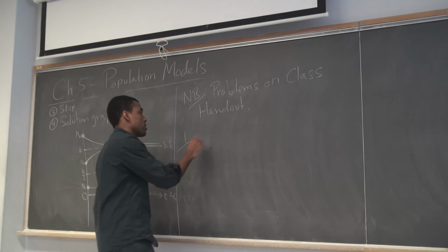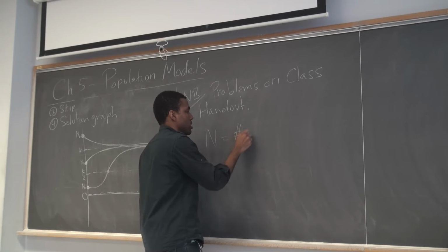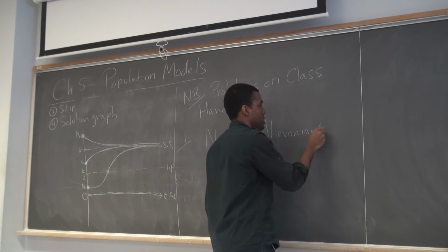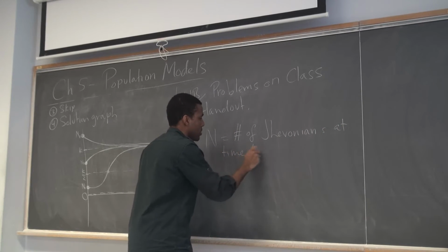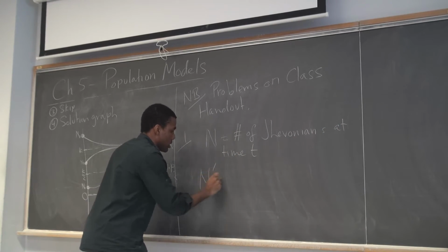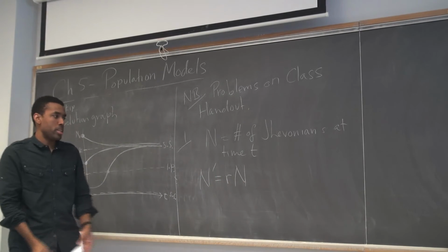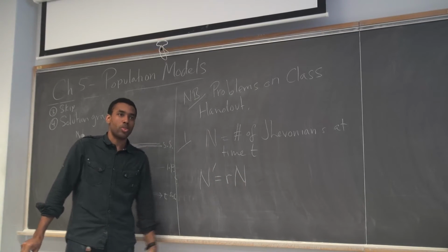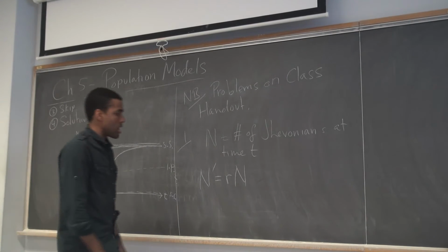So basically, if I make n the number of Jhevonians at time t, it grows at a rate proportional to its current size and it grows in peace, right? No one's killing anybody. This is the model for this population: N prime equals Rn.